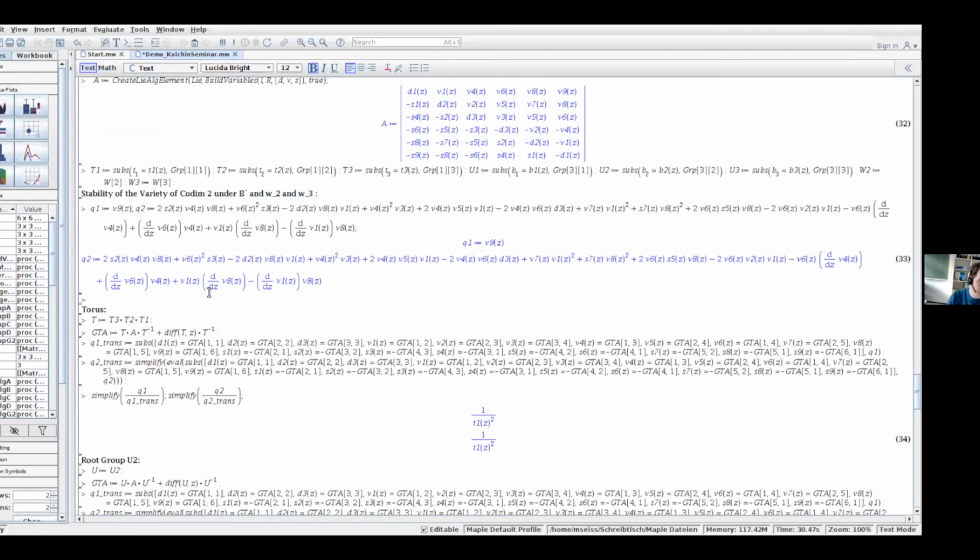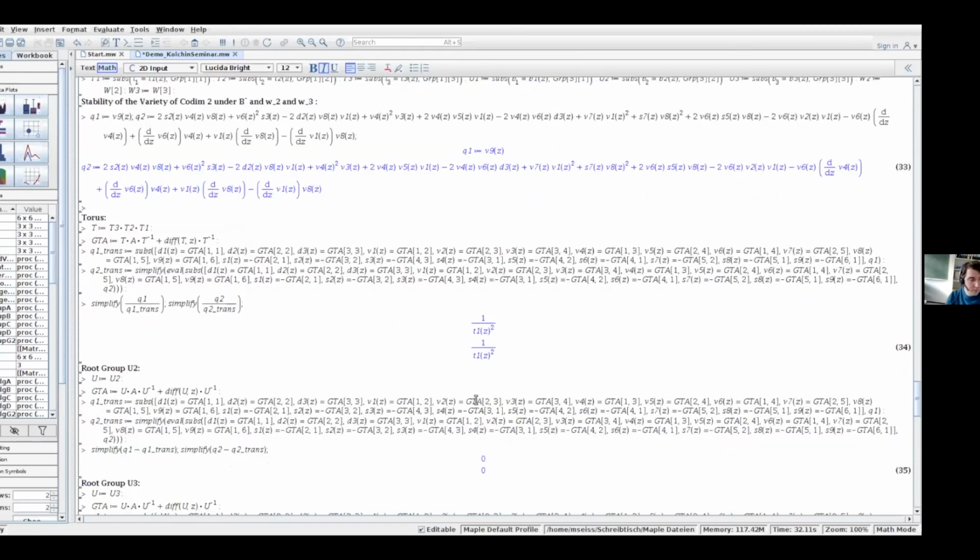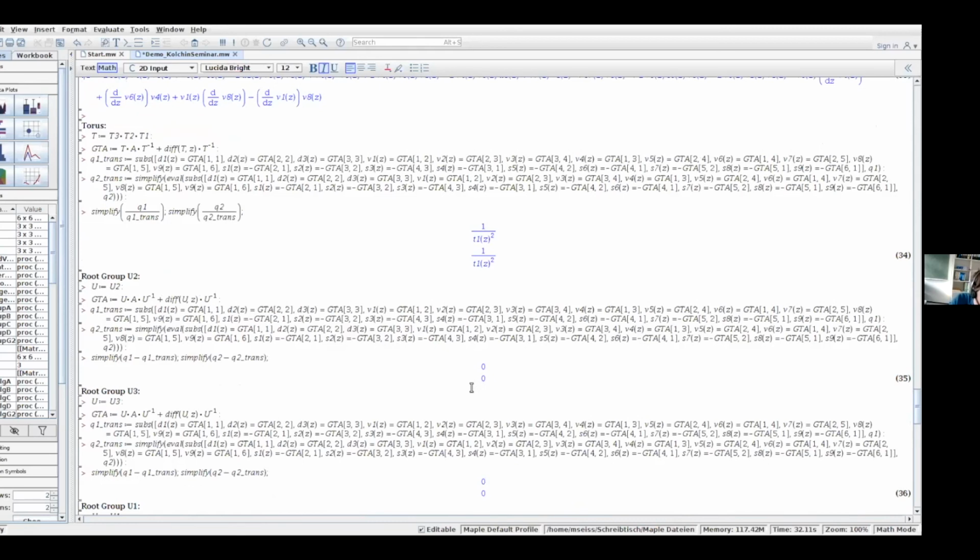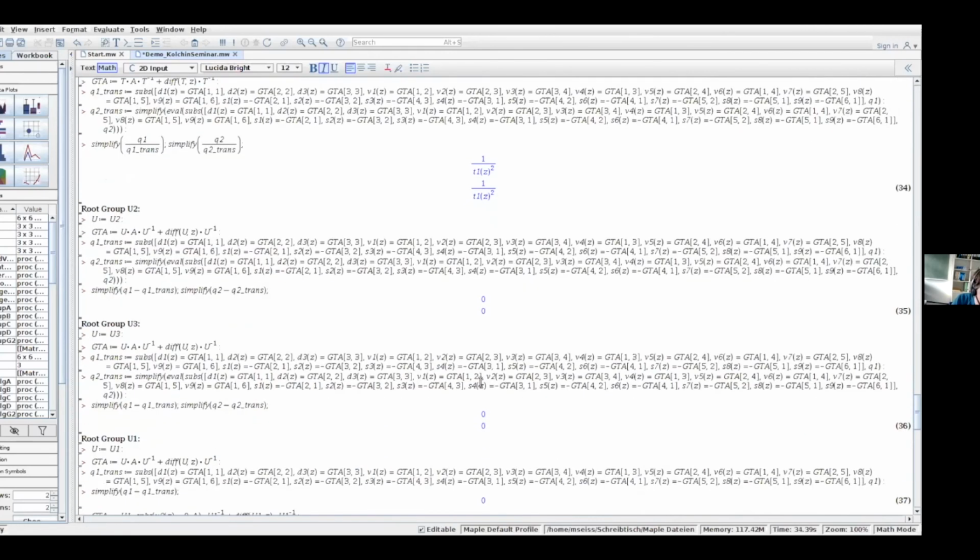So first of all, we look at the torus. Okay, we gauge transform A, substitute, and then here we take the quotient because Q1 and Q2 are semi-invariants. Is it invariant under the root group U2? Yes, it is. Another root group U3. Yes, it is.